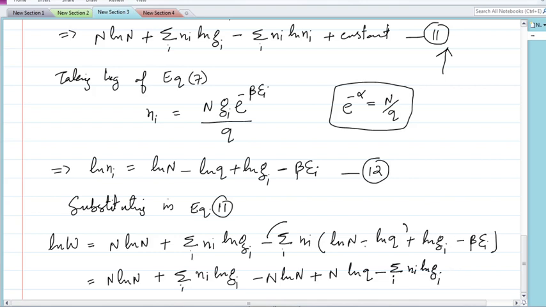Again minus minus will be plus, and beta we will simply take outside, writing it as summation ni ei.